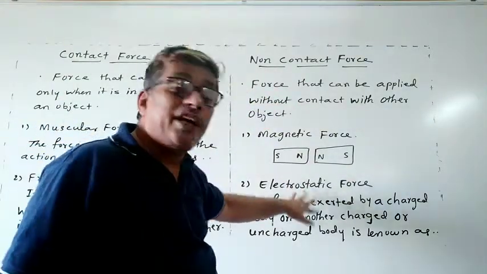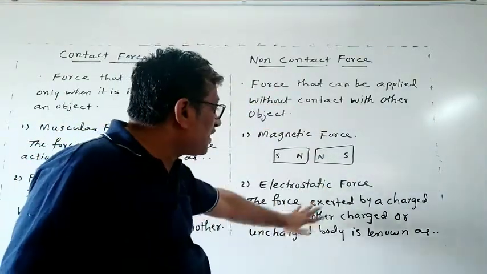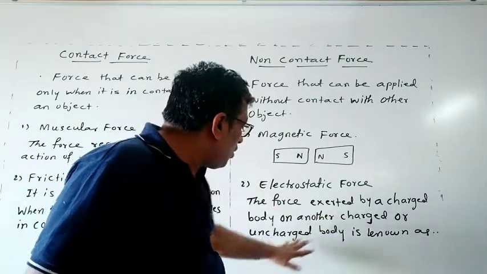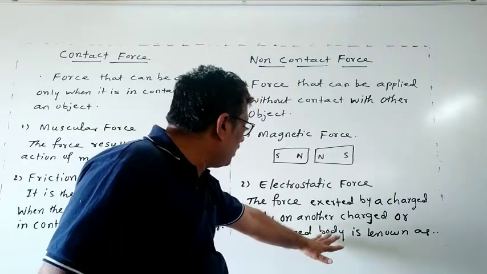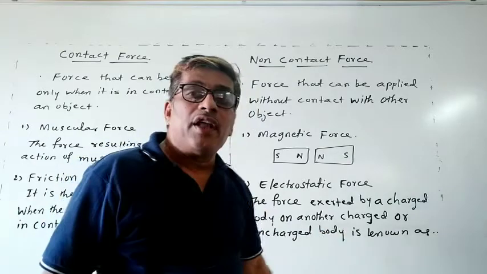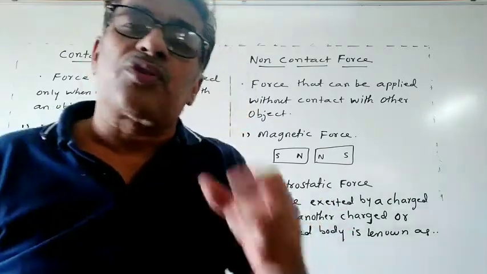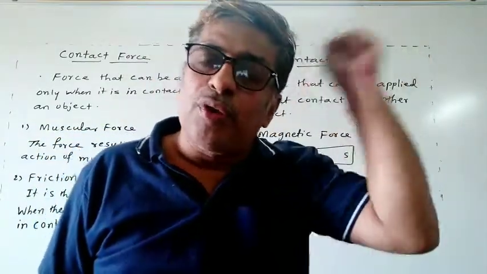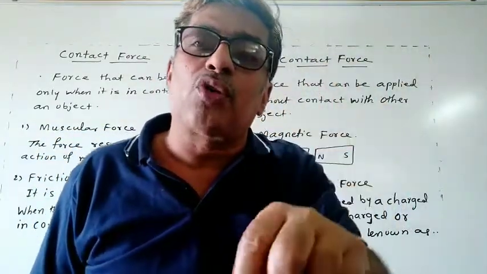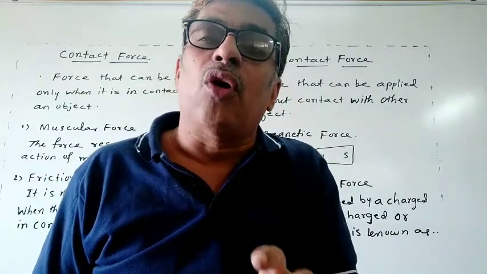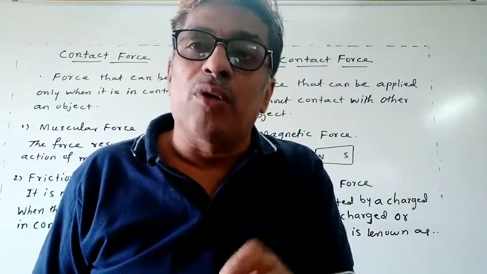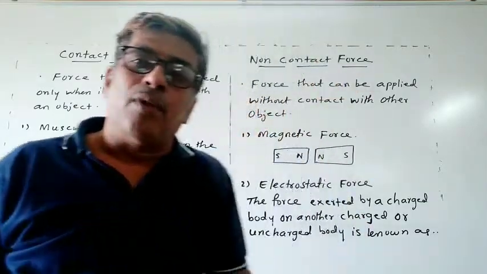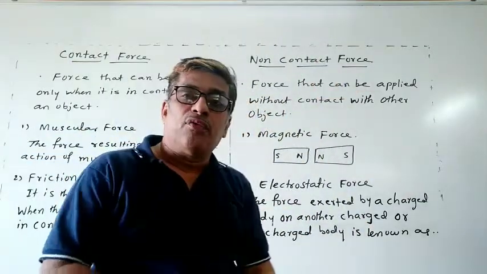The next one is electrostatic force: the force exerted by a charged body on another charged or uncharged body. You can experience this yourself: just rub a comb and bring it near a piece of paper, and you will observe that the pieces of paper move. This is an example of electrostatic force.